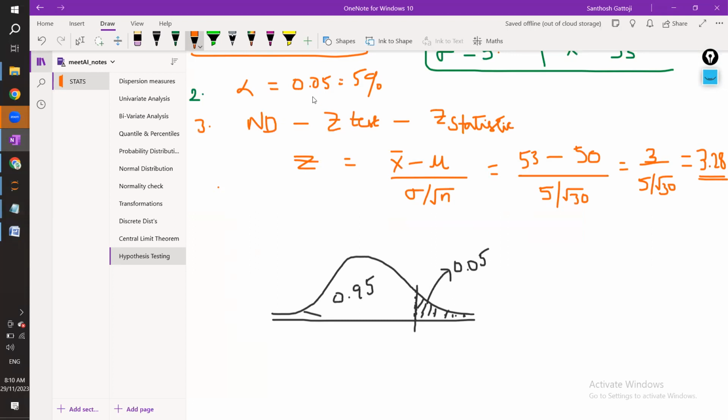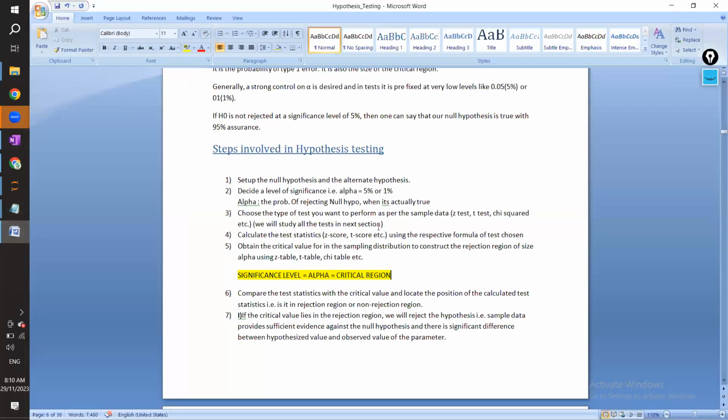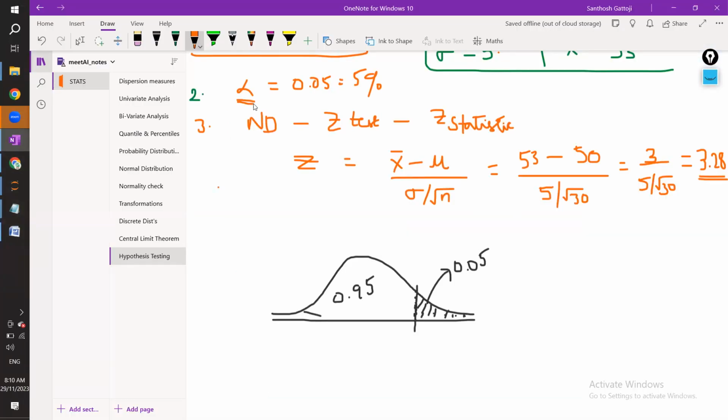The words might be confusing, guys. Don't worry, because we use different terminology. It's called level of significance, significance level, alpha, or critical region. So first, alpha is the level of significance, it is 0.05. That means the 0.05 area is this one. This region is also called the critical region, or the rejection region.